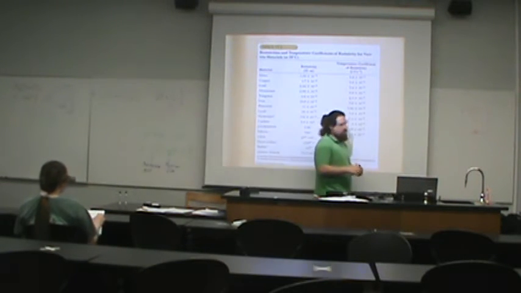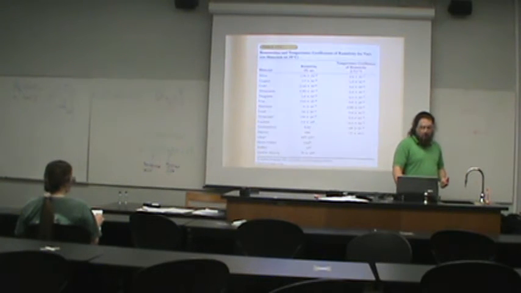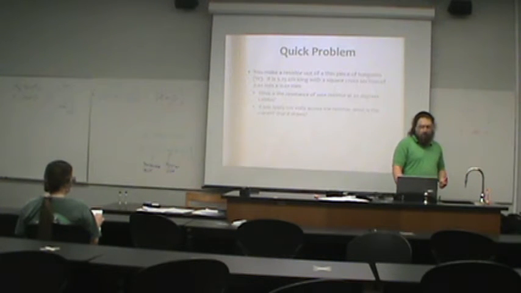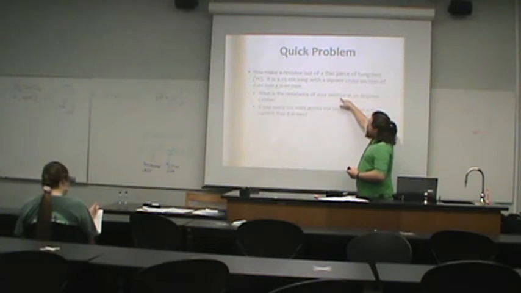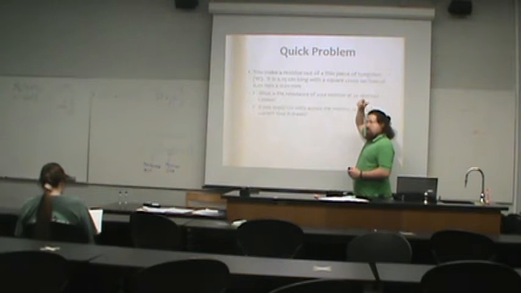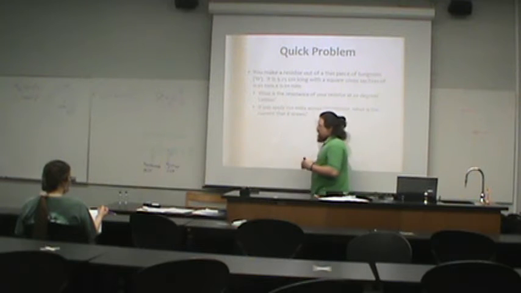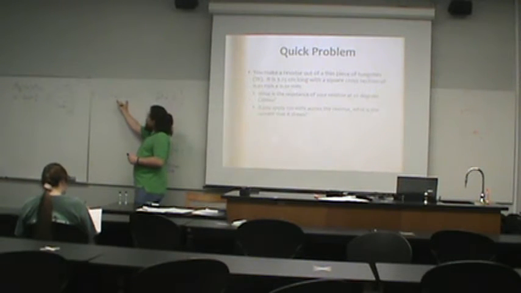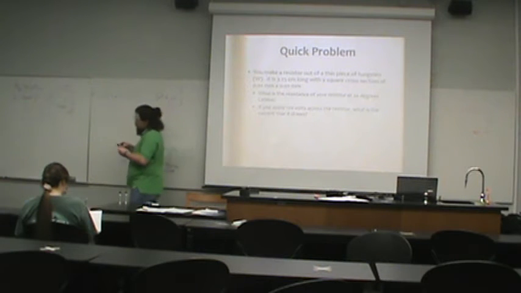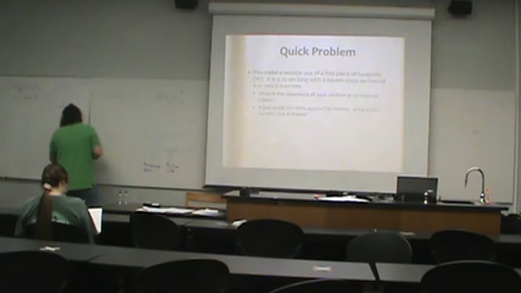With just those constants and the information given to us about its physical dimensions, can we find the resistor's resistance at 20 degrees? Yes. So at 20 degrees, what happens to this whole piece? 0. So we'll just skip that part for right now.